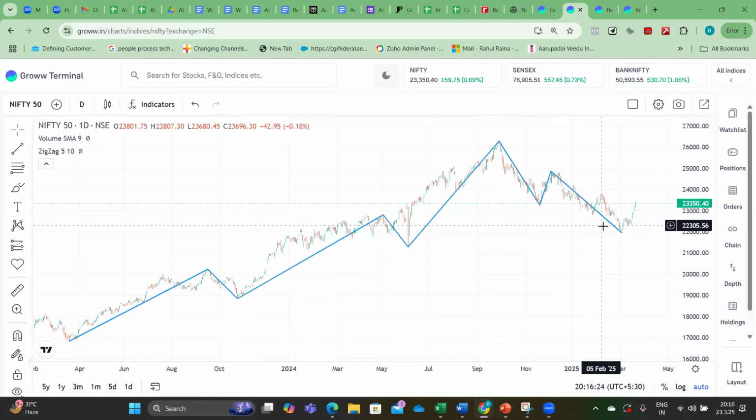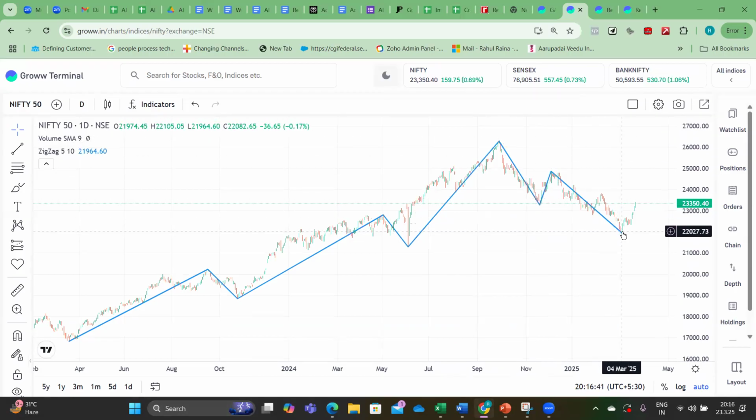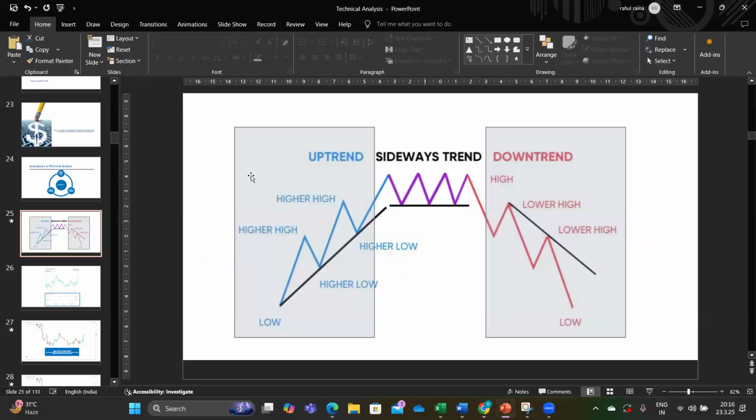So if you see this portion from 9th September onwards, Nifty was clearly in a downtrend. This was the high, this is a lower high, this was the low, and hopefully now it will go up and then we'll see how it goes. Any questions till now pertaining to whatever we learned today?